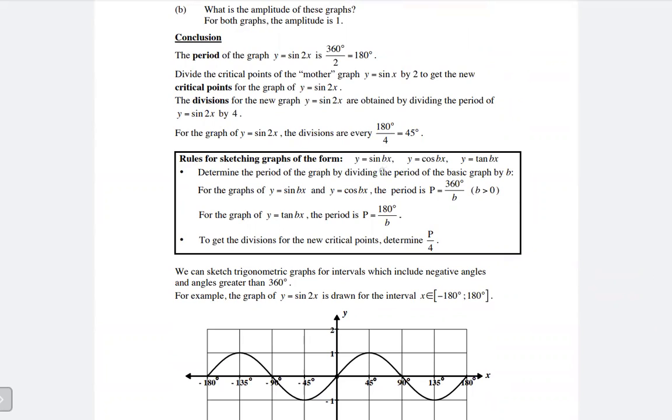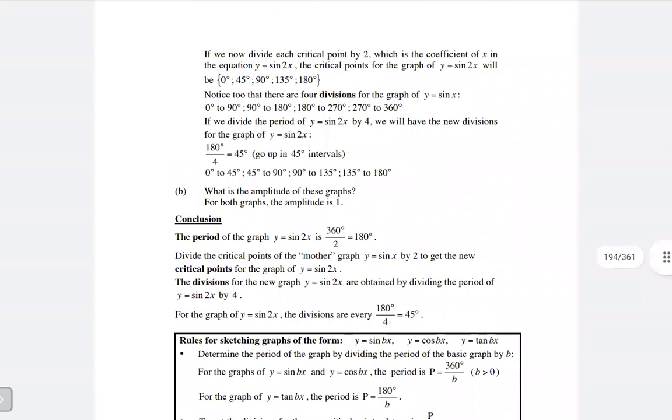So you can see where the B is here. Do you see that the moment they're talking about a value of B, it's directly next to X and not under X? Because the value directly next to X refers to the frequency, which always has a formula. Oh, here the word mother graph is coming again. So it says the period of the graph. Let me write it out.